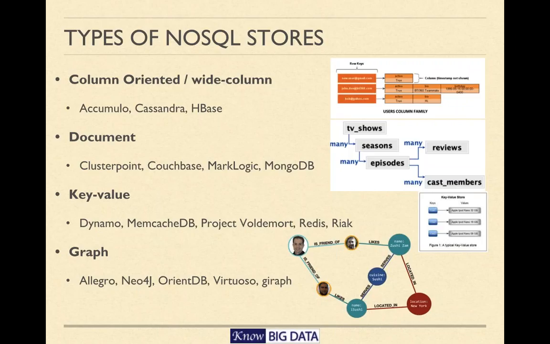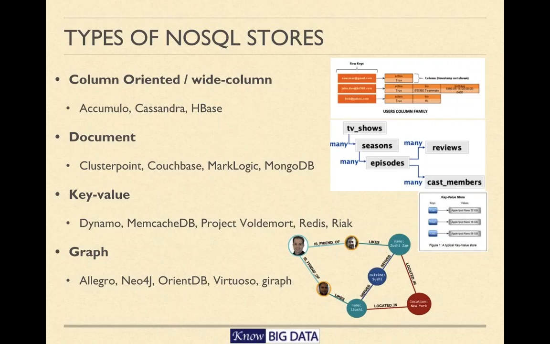First kind of databases are Accumulo and Cassandra kind of databases, which are very similar to a tabular structure. They are called column oriented and wide column. We'll come back to why they're called so. Second is document oriented databases such as ClusterPoint, Couchbase, and MongoDB.